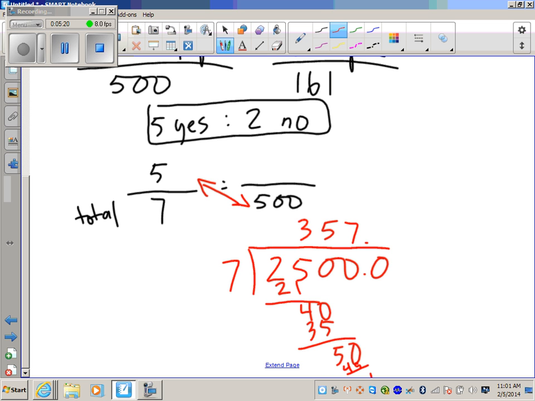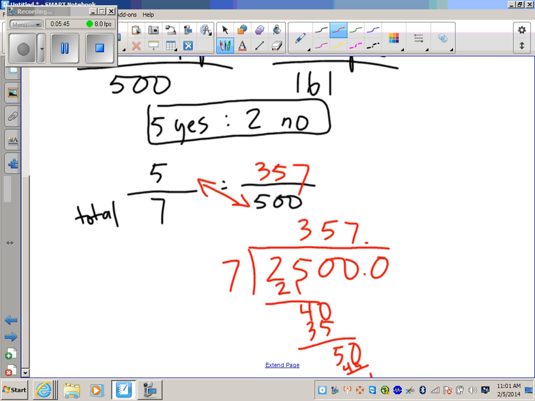Need to finish it. What was the question? Can you predict that more than 300 of the 500 pet owners would use the facility? Can I stop there? Because I can assume right now that it's somewhere around 357 from what I found out.